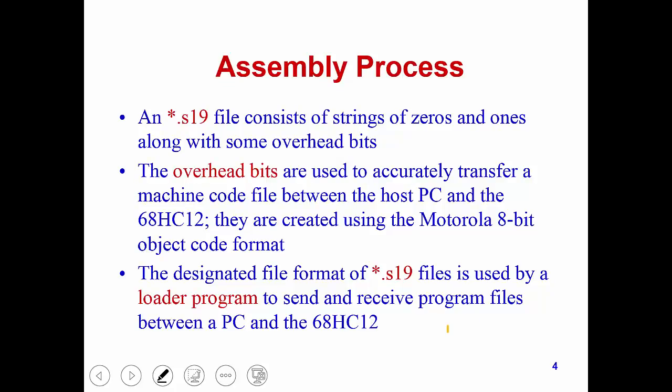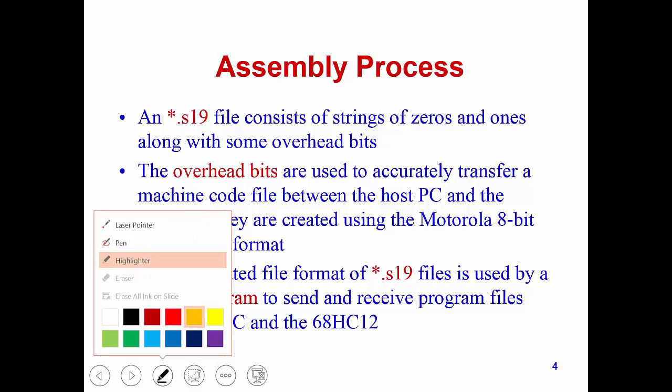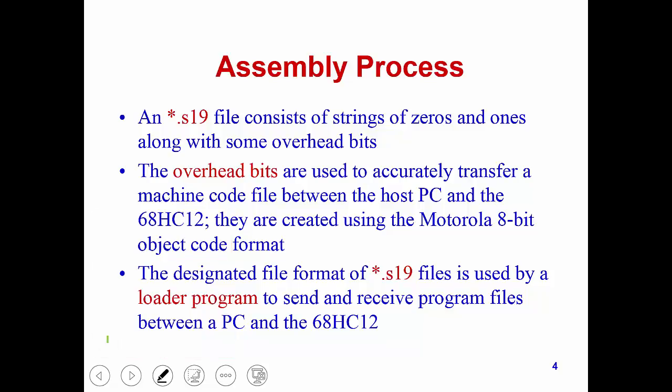In addition to strings of 0 and 1, the S19 file, that's the machine code, also contains some overhead bits, like some control bits.